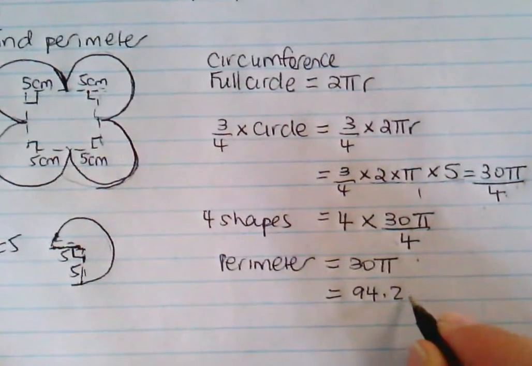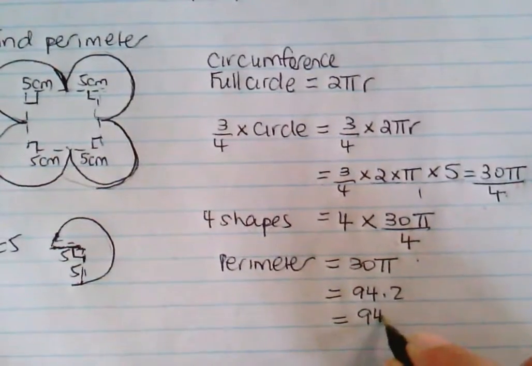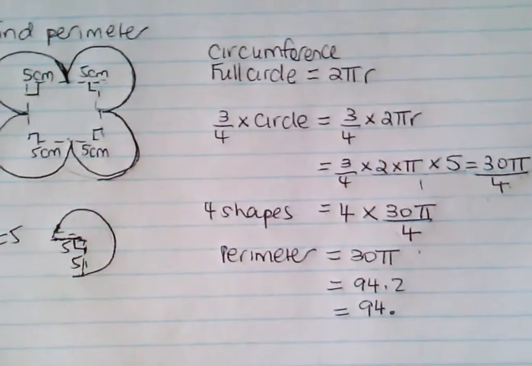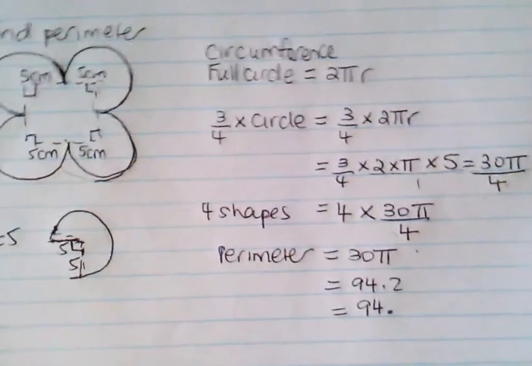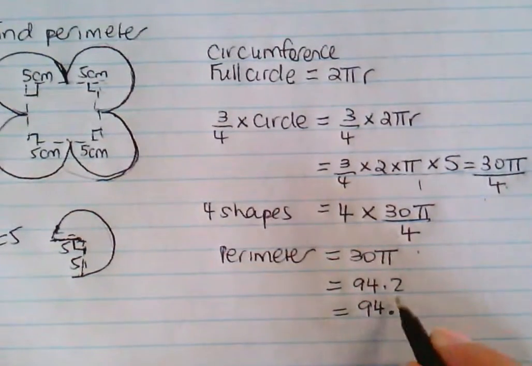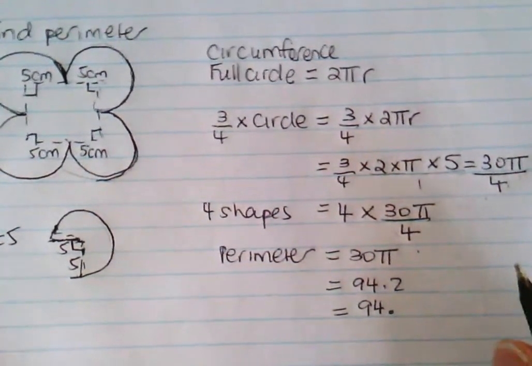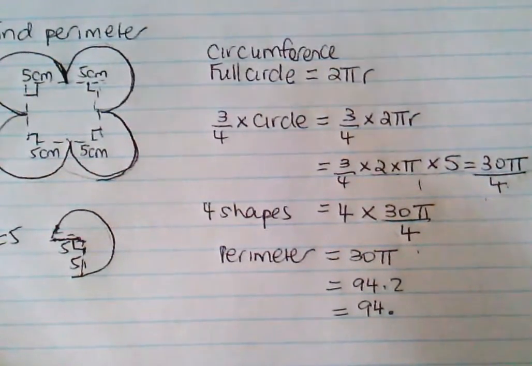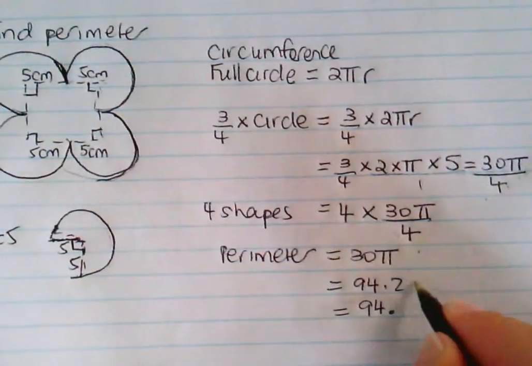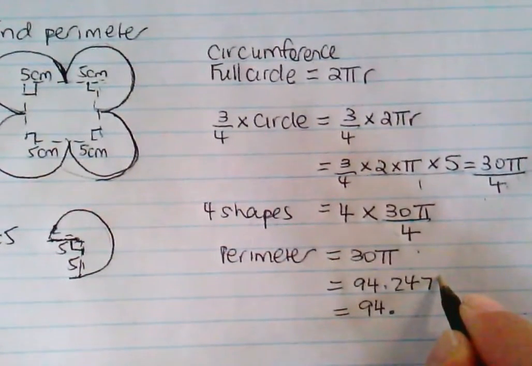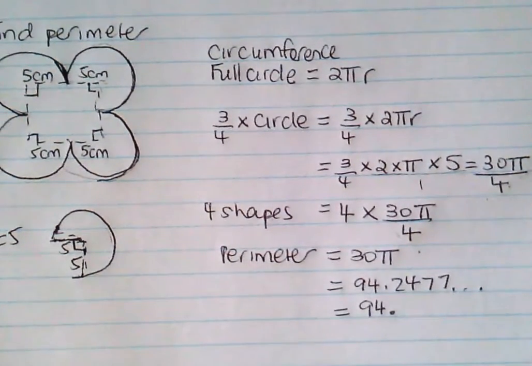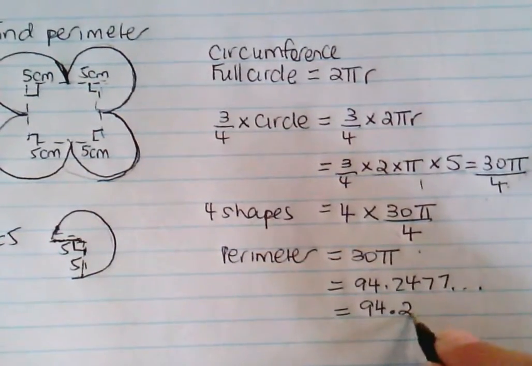We want it to 1 decimal place, so I need to know exactly what it is. 30 times pi is 94.2, thank you, 247, etc. Now, rounding that to 1 decimal place is 94.2.